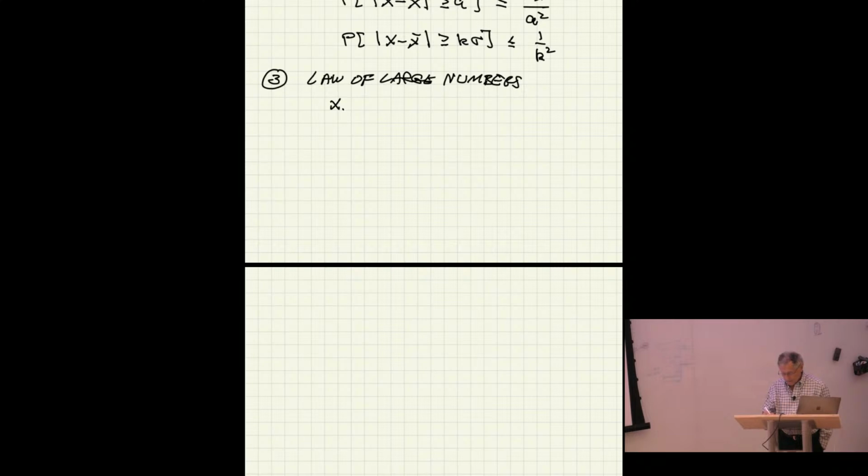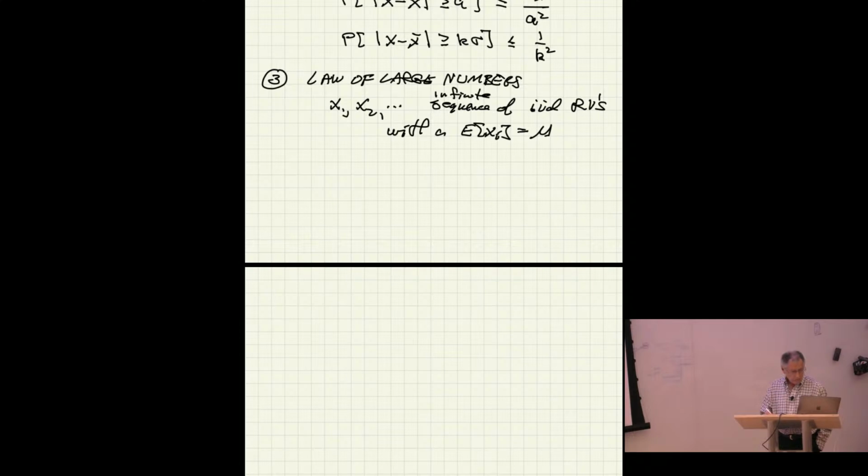Let x1, x2, a whole sequence, be a sequence of IID random variables. It's an infinite sequence, in fact. Each with an expected value equal to, I'm going to use the symbol mu.